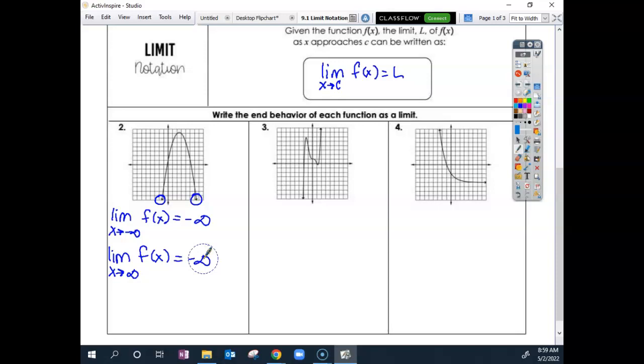So this is negative infinity and negative infinity, and y'all, this part is going to be the same every time. We're going to do the limit as x goes to negative infinity, and the limit as x goes to positive infinity.